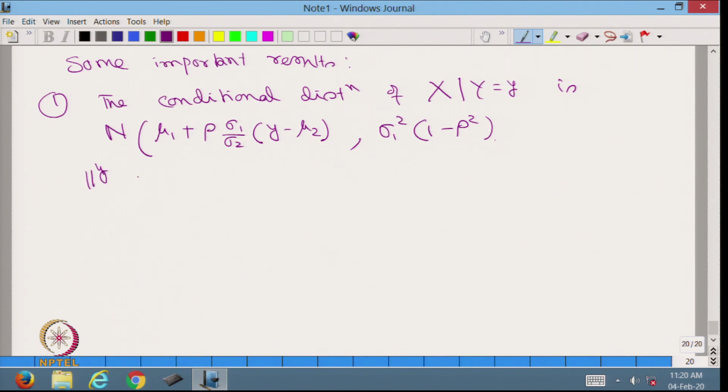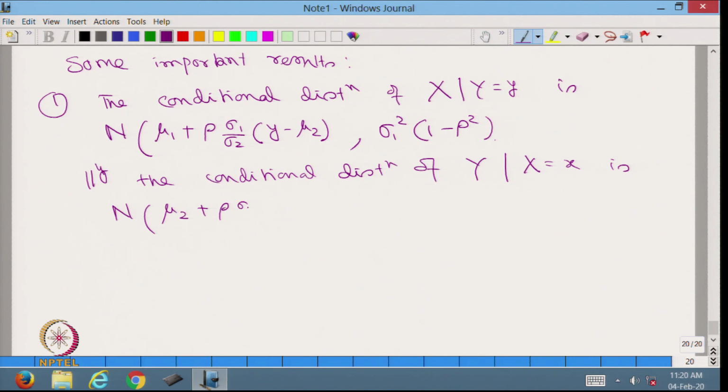Similarly, the conditional distribution of y given x is equal to x is normal with mean is equal to mu 2 plus rho sigma 2 upon sigma 1 into x minus mu 1, and its variance is going to be sigma 2 square into 1 minus rho square.